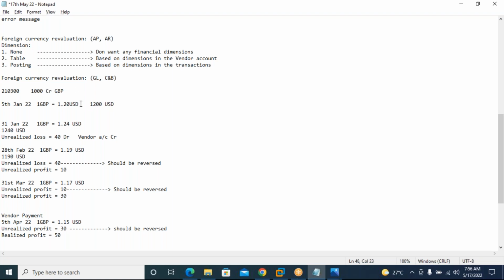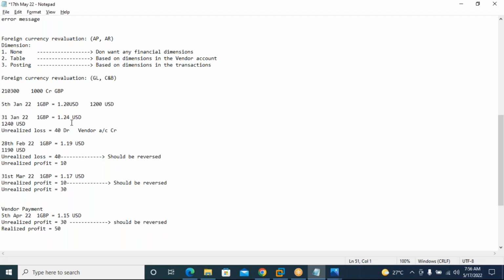Now it is 1200 US dollars. On 31st January the exchange rate is 1.24. Then the difference between 1200 versus 1240, the difference, 1240 was posted.